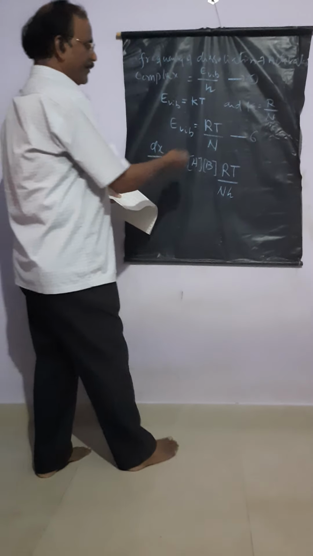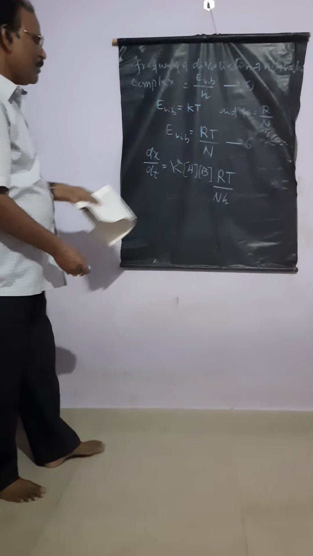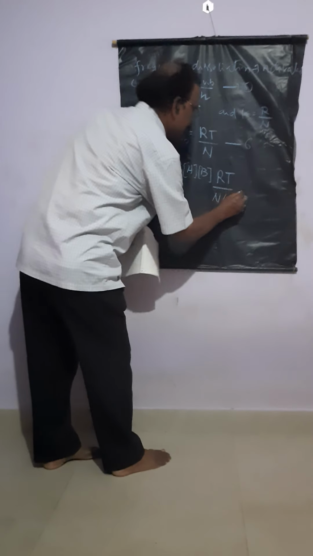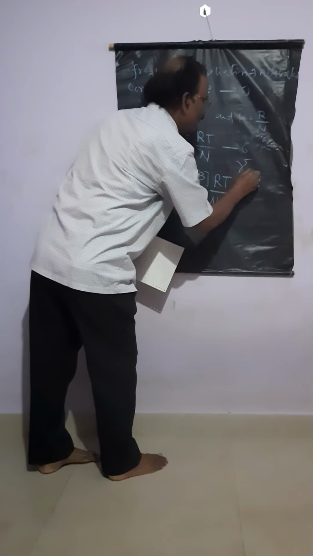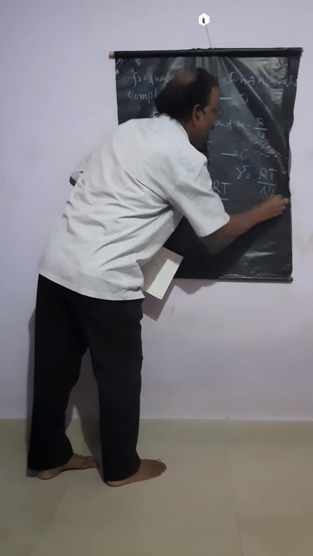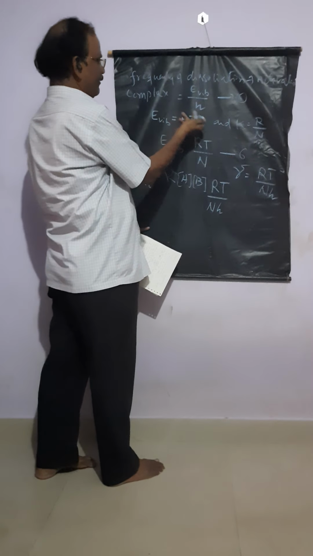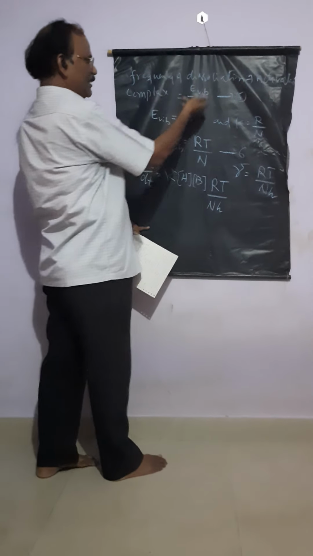So the frequency of this activated complex is given by RT by Nh. So frequency is given by mu is equal to RT divided by Nh according to this equation. The frequency of the dissociation of activated complex is E vibration divided by h.